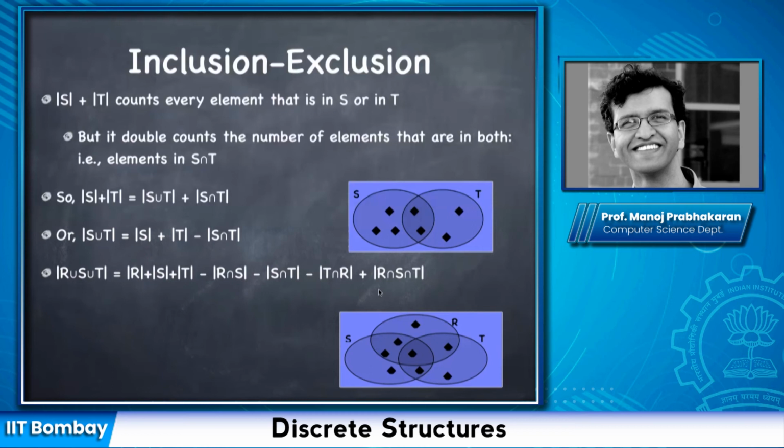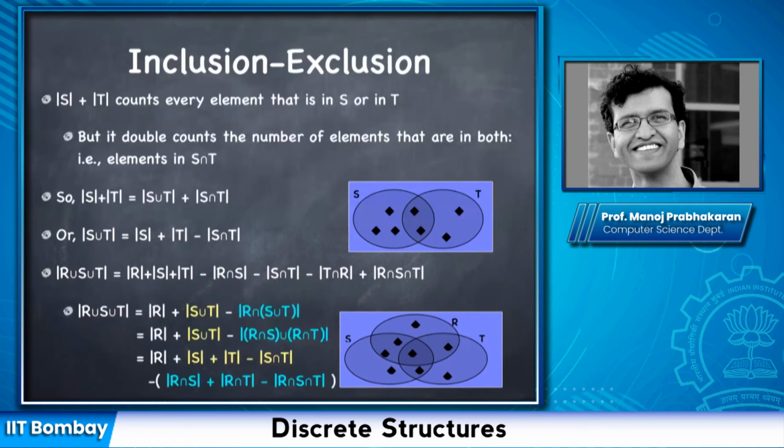Now we can quickly prove this from the statement for 2 sets, and here is what a proof would look like. You just think of S union T as a single set initially, and you use the inclusion-exclusion principle to say, what is the size of R union S union T?